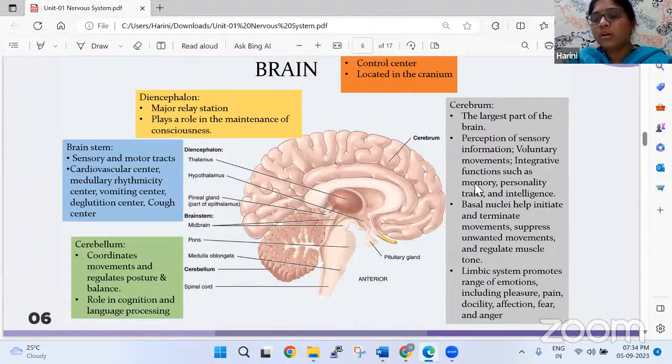You analyze a person only with this memory, right? A small change or small part can identify yourself. It helps in personality traits, intelligence, all the major, brainy functions are done by this cerebrum.